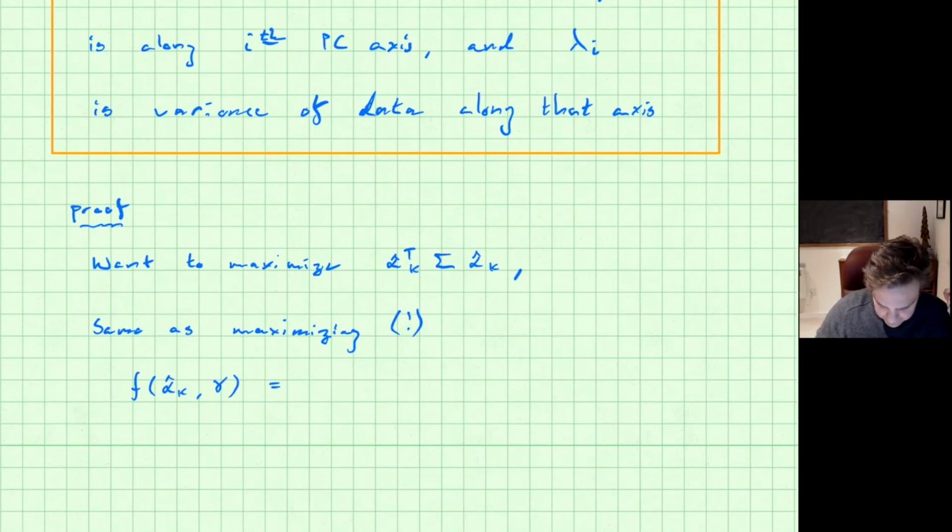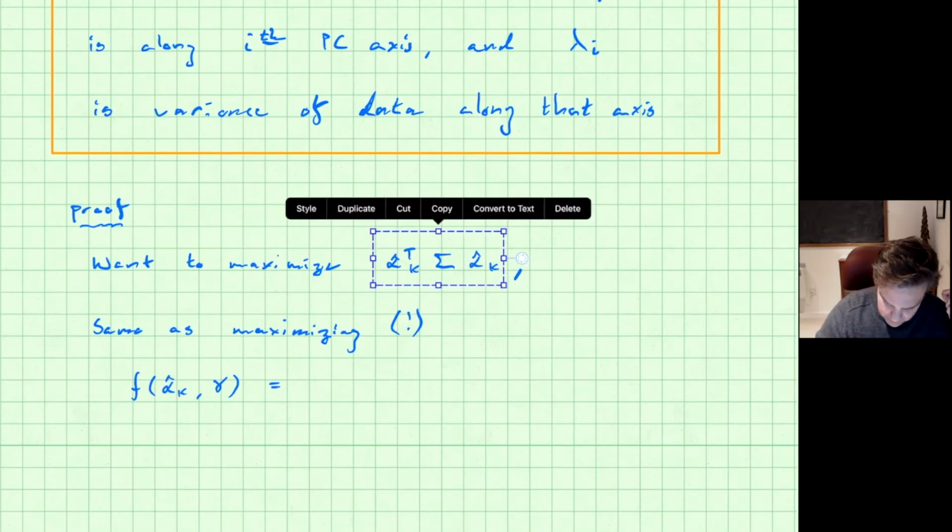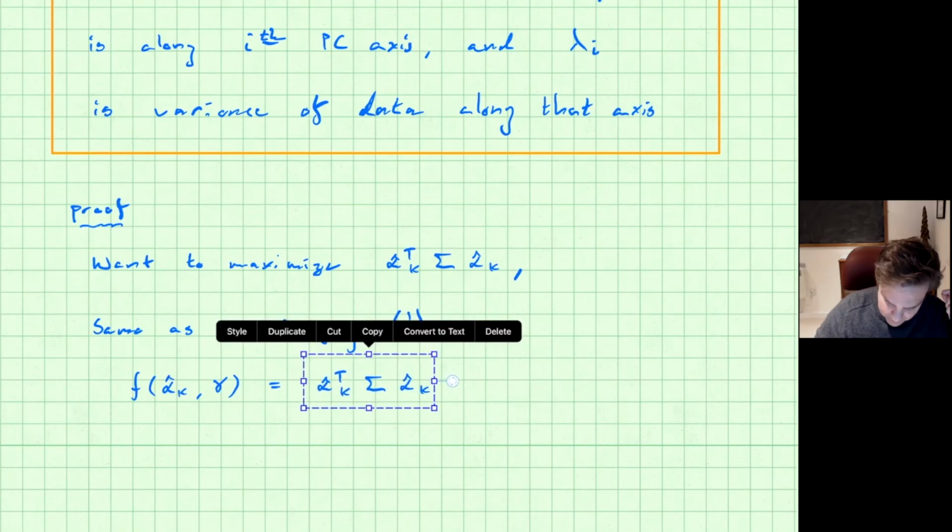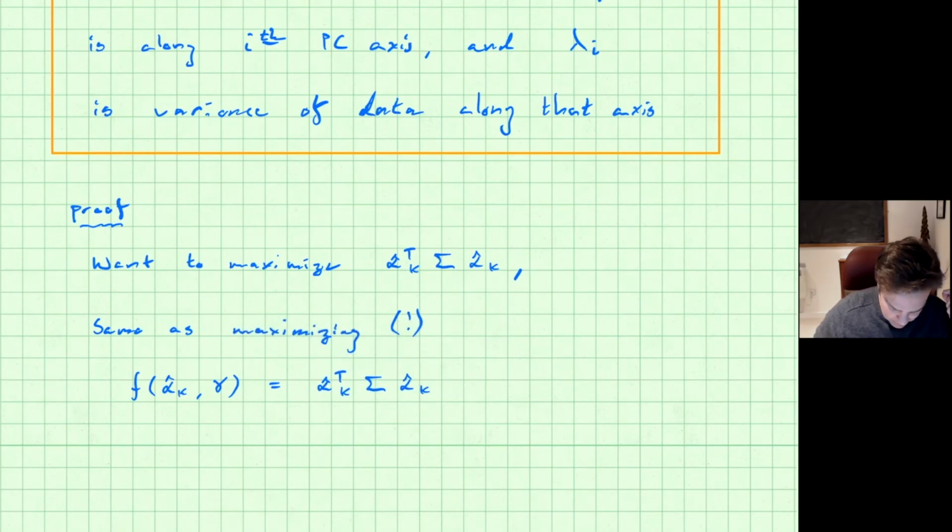This thing looks like the original expression, so I'll just steal it, plus something new, or minus gamma times, and it doesn't matter whether you use a plus or a minus here, alpha hat k dotted with alpha hat k minus 1.